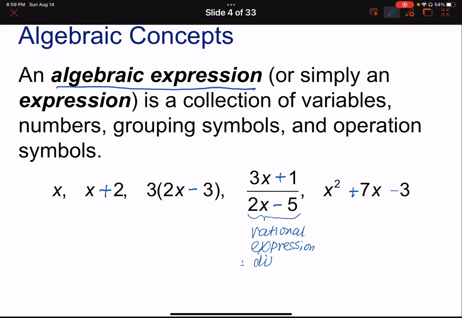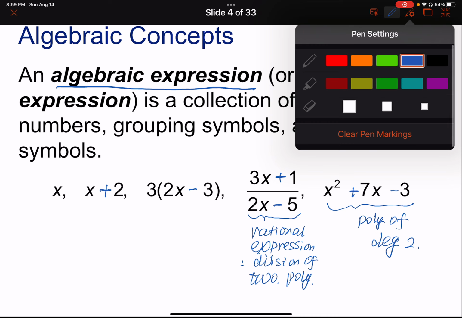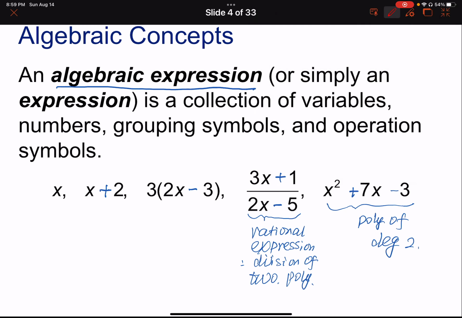Because it's the division of two polynomials. And this of course is a polynomial of degree 2, where its degree is 2 because the power of the variable unknown x is 2, right?